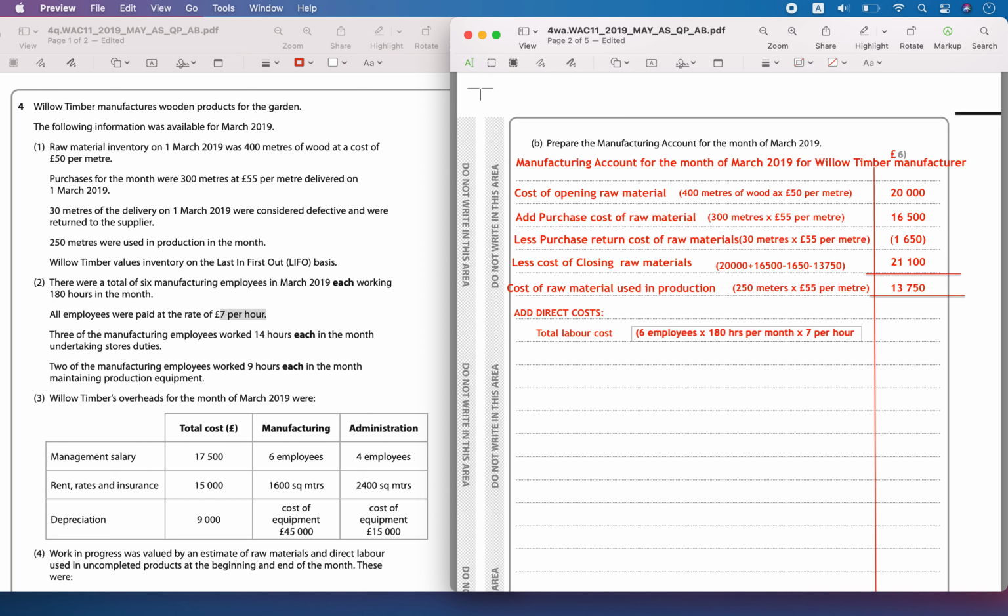So this is the total labor cost we are seeing for the entire month.